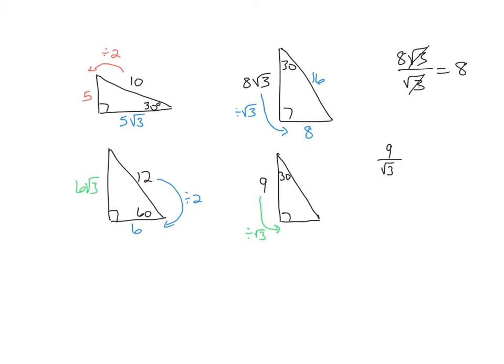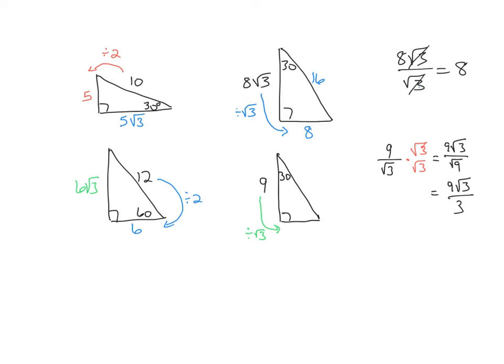Okay, so this goes back to yesterday when we had to divide by square root of 2. We've got to multiply top and bottom by that square root. So I get 9 square root of 3 over square root of 9, and the square root of 9 is 3.